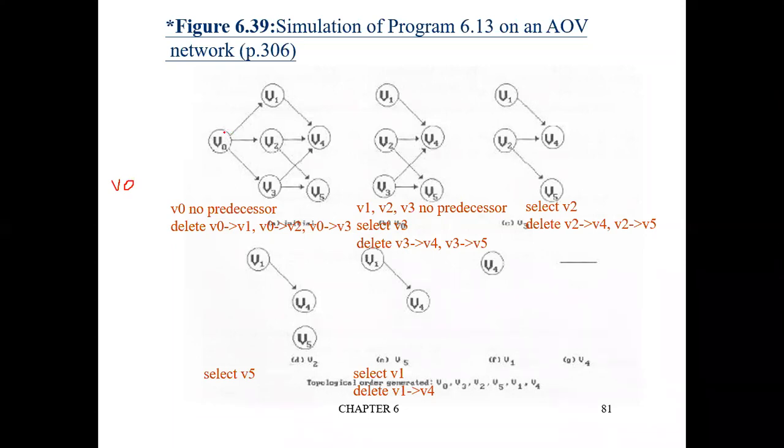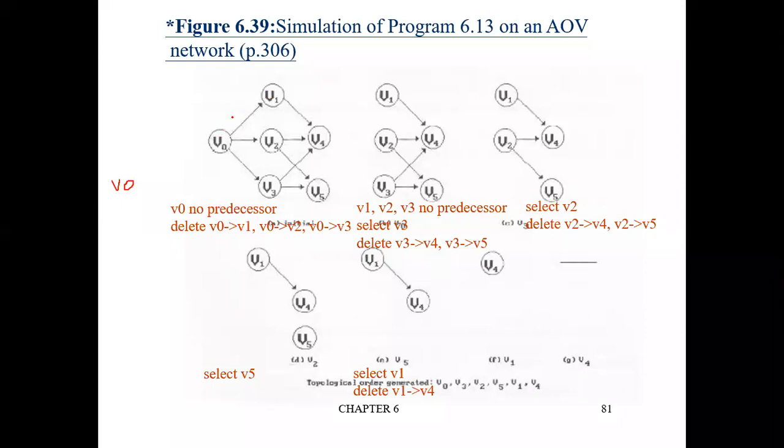What are the three edges that are starting from V0?